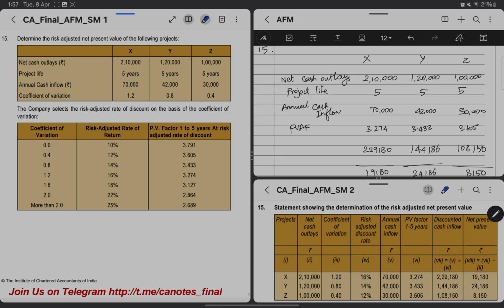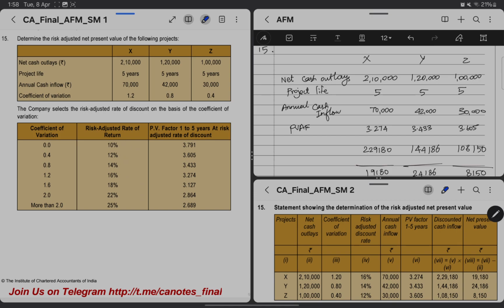Okay, now they have given for project X the coefficient of variation is 1.2, so we have to take the risk adjusted rate of 16%. Then for project Y it is 0.8, 14%. For project Z it is 0.4, 12%. We have to calculate using this risk adjusted rate.